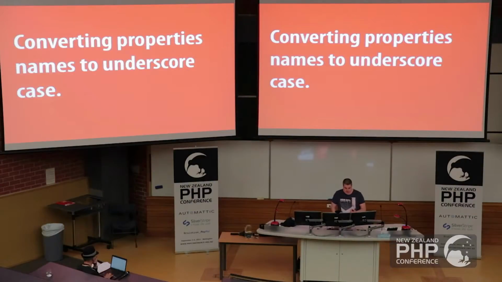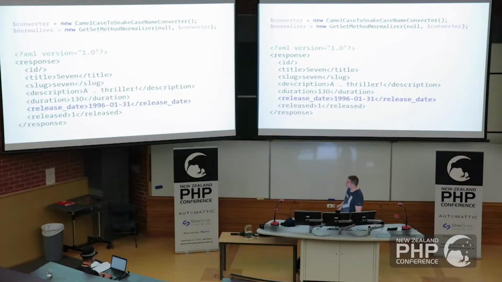Also, you can change the way you name your properties. As you can see, by default, it takes the name of your PHP properties, and they are automatically converted to the same name attributes in JSON or XML. But maybe you would like to rename the properties you want to expose. So, for example, we saw that by default, the release date tag will be named releaseDate in lower camel case.